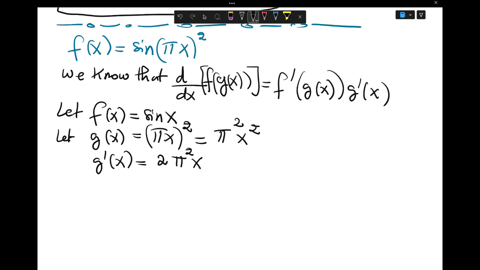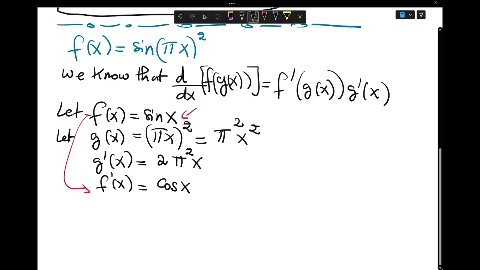Okay, so now we can also say f prime of x will be equal to cosine of x, since f of x is sine of x.